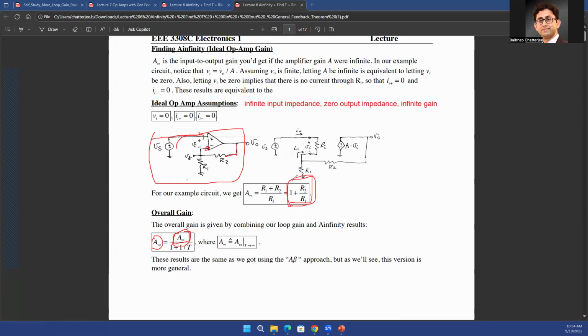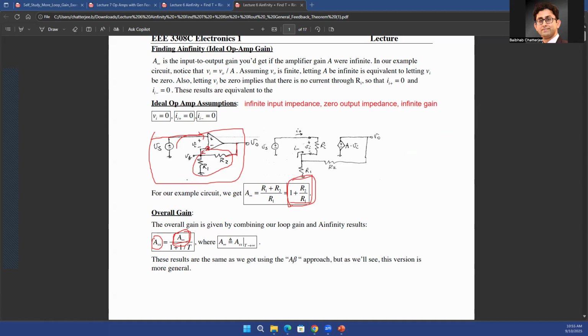Right? So now you have segregated ideal op-amps and non-ideal op-amps. Your numerator is just the ideal op-amp in this equation. A infinity is just what you get with ideal op-amps. In your denominator, you'll have 1 plus 1 over T. And that loop gain T, which is nothing but A times beta, will have a contribution from your feedback network. So for example, this one, R2 and R1, you're creating a feedback network, that's the beta.